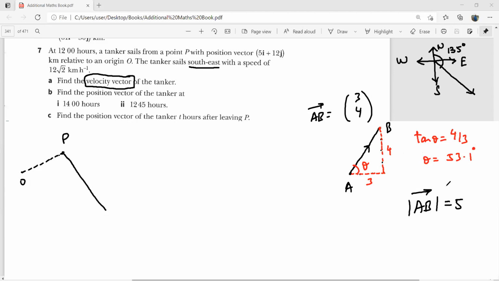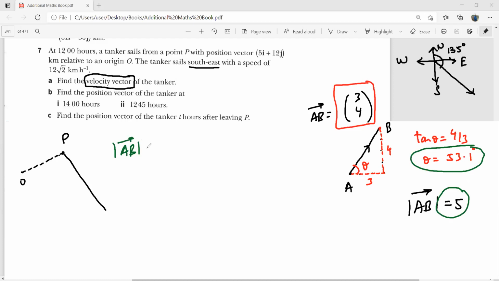Now, we had a vector, and we converted that into the magnitude and into the direction. Now suppose someone says, I have a vector whose magnitude is 5 and whose direction is 53.1.